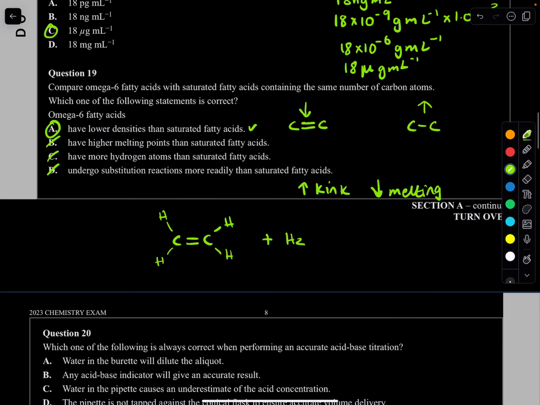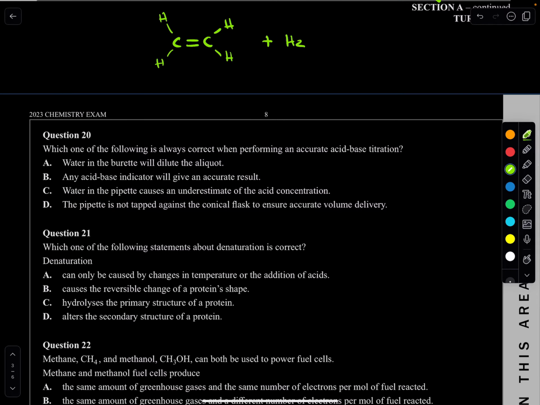Beautiful. Question 20. Which of the following is always correct when performing an accurate acid-base titration? A. Water in the burette will dilute the alkali. Let's think about it. If you have a burette here, remember your burette has your standard solution, the titrant.